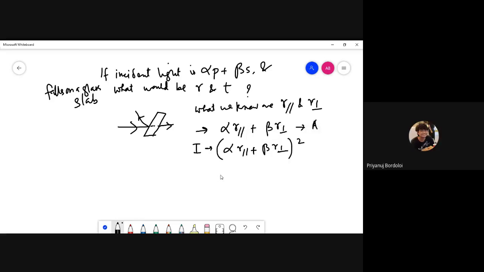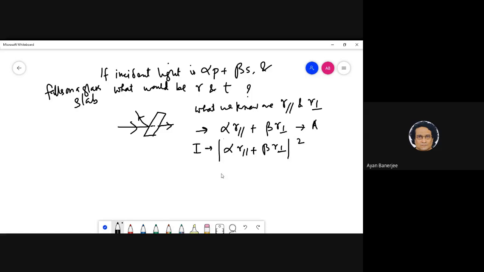Not exactly the square. If it is complex, then mod square is a better way of writing. But typically the complex part will only come after the critical angle. I agree. For a general thing, we should write it as complex.